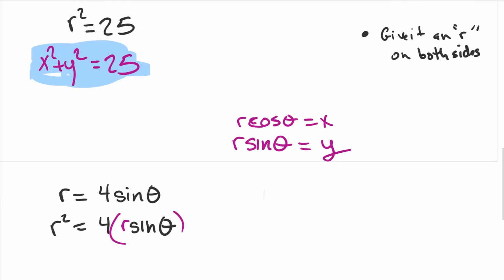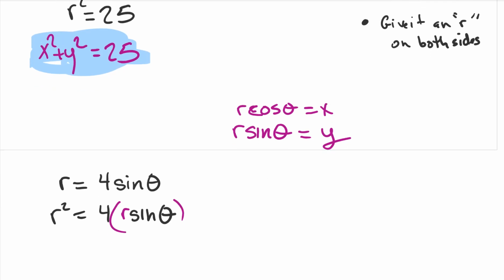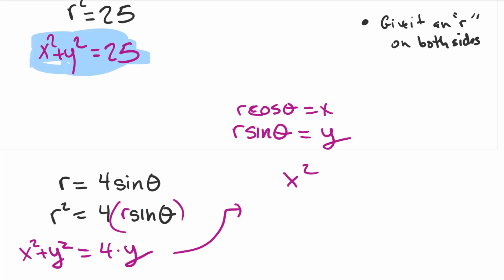R squared is x squared plus y squared, and r sine of theta is equal to y. So x squared plus y squared is equal to 4y. Did you know that that's a circle? Did you know that that is a circle with a radius of 2?